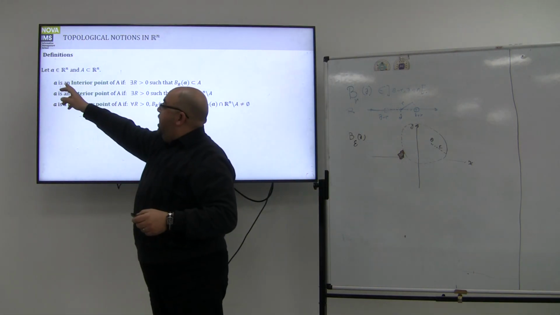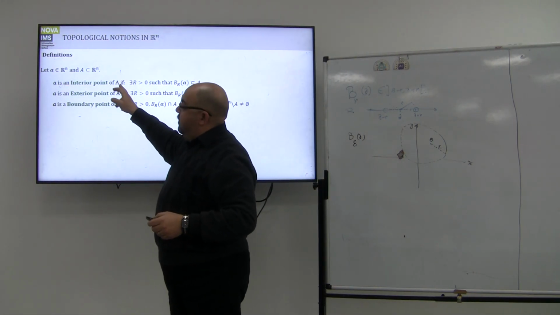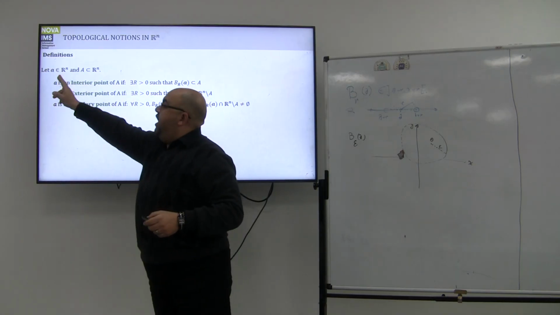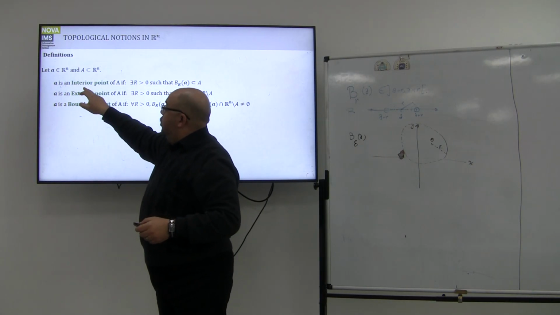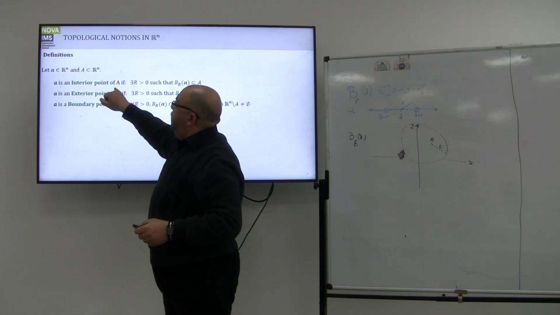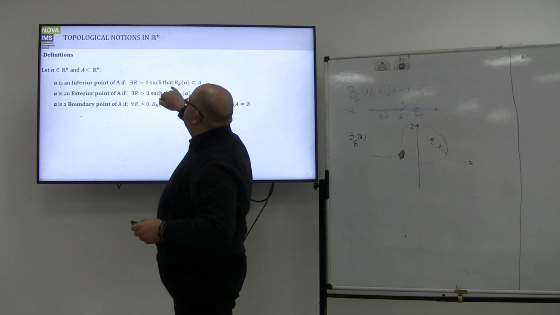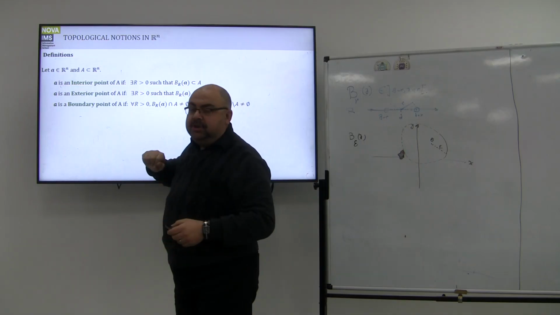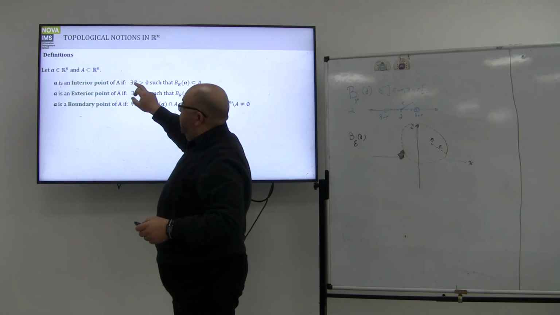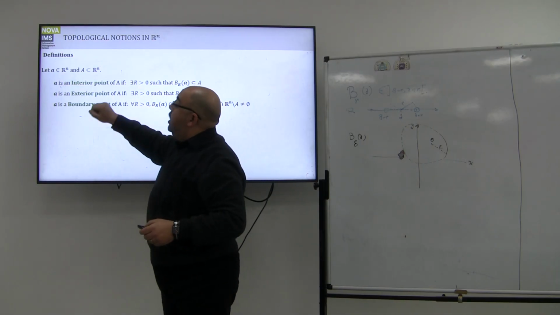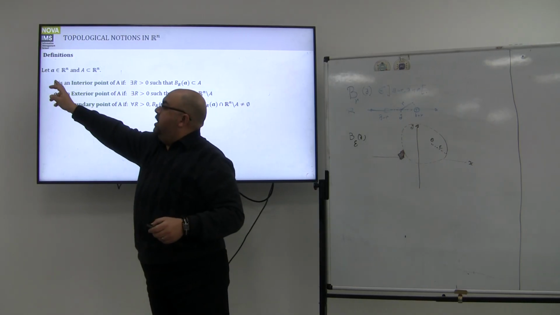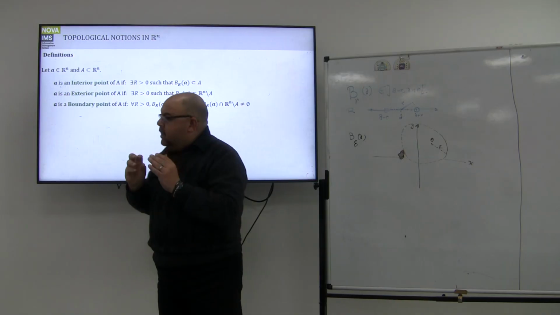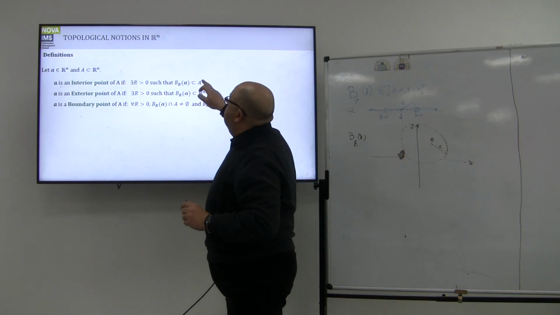If a is an interior point of A, then it will satisfy this condition: there exists a radius r greater than 0, such that the open ball at a is completely contained in A capital.